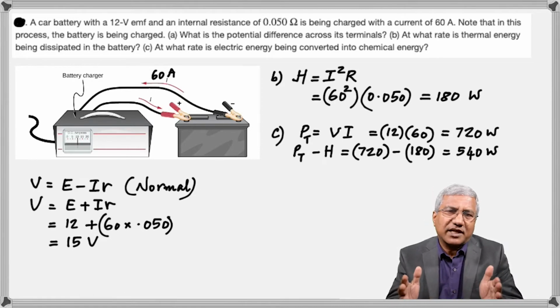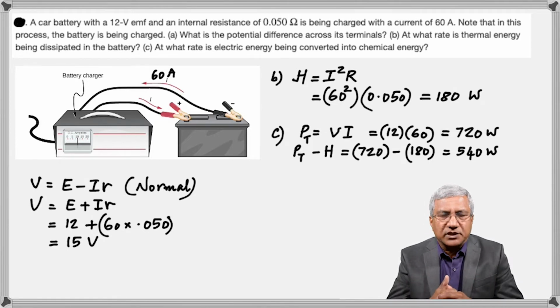That again shows that the smaller the internal resistance of the battery, the more electrical energy you can convert into chemical energy.